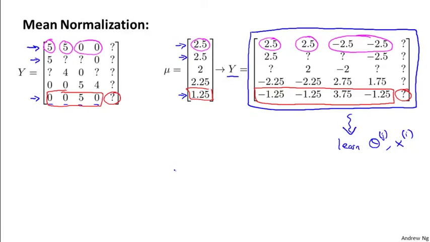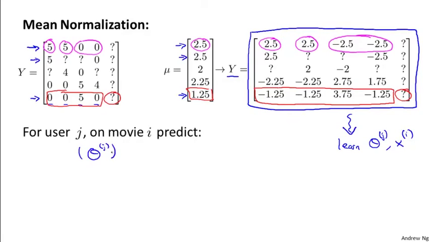When I want to make predictions of movie ratings, for a user j on movie i, I'm going to predict theta j transpose xi, where x and theta are the parameters I've learned from this mean normalized data set.